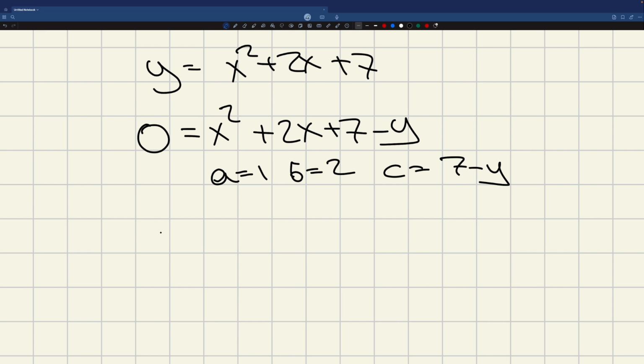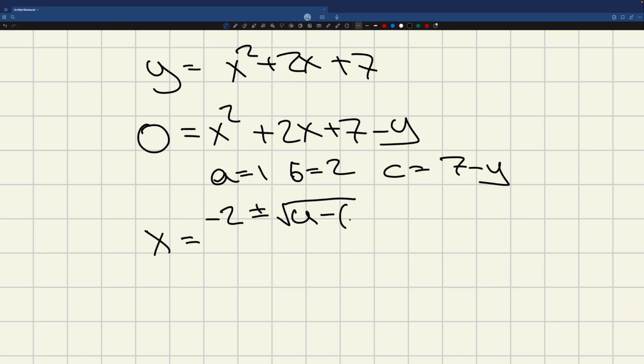And for this, we can write down our quadratic formula. x is equal to negative b plus or minus the square root of b squared minus 4ac. Now, negative 4ac would just be equal to negative 4c because a is equal to 1.